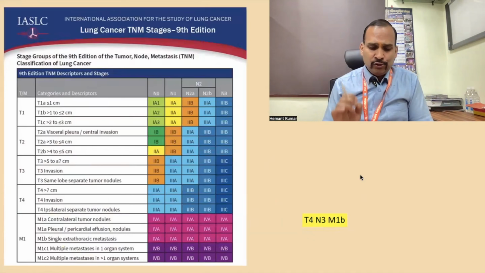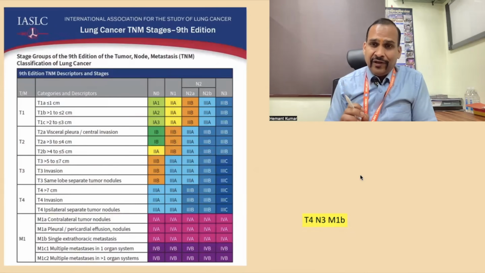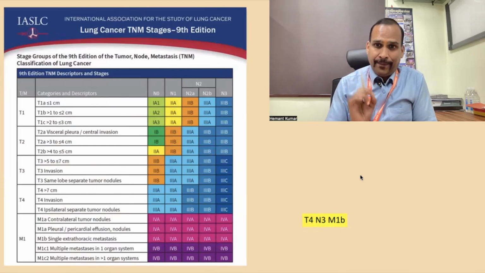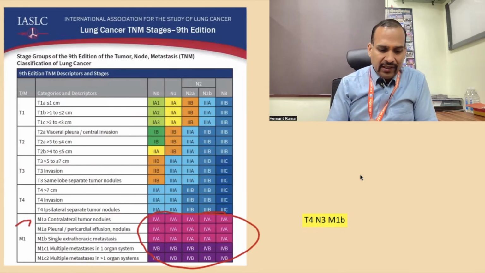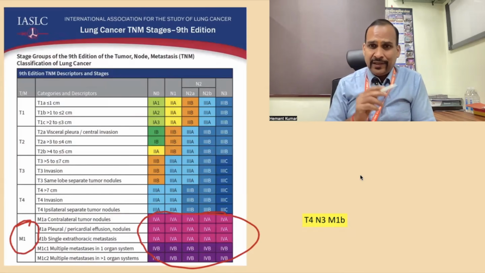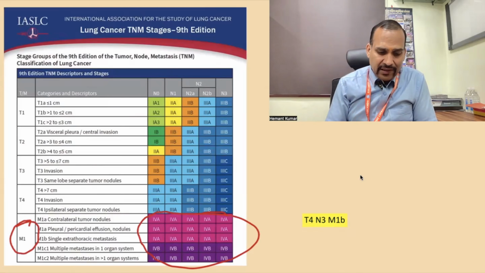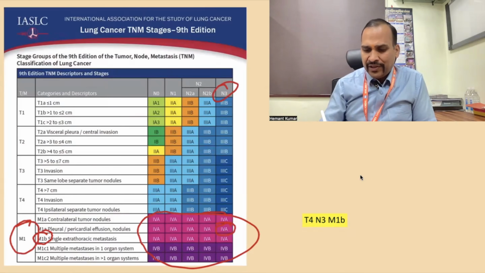Remember, whenever there is distant metastasis, with involvement of M, the stage is 4 only. If you find M in TNM, then the stage is 4 automatically. In our patient, it was M1B and N3. So the stage is 4A.